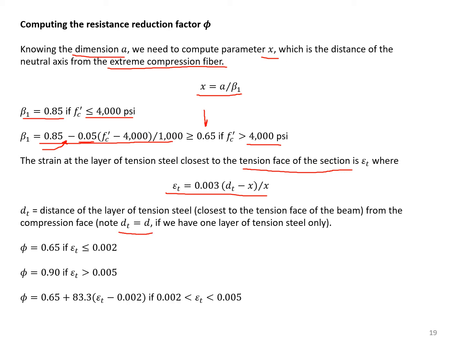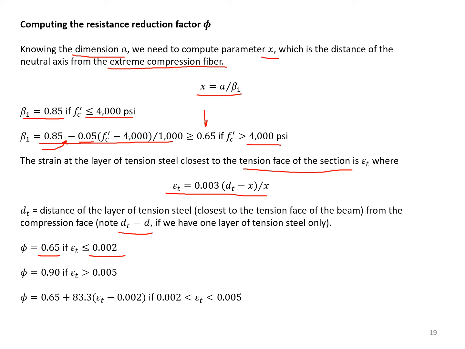Once you have computed this strain, phi would be taken as 0.65 if this strain is smaller than 0.002. This is the smallest possible phi, and for this situation your section is not very economical, not very optimum. However, if phi is equal to 0.9, then your section is of course very optimum, very economical or very efficient, whichever way you want to call it.